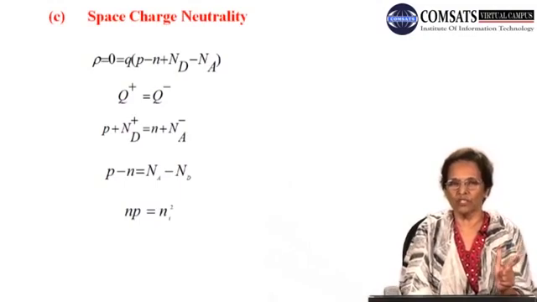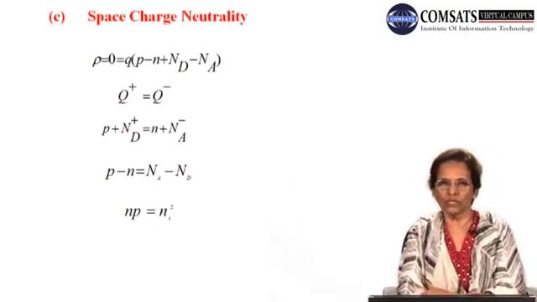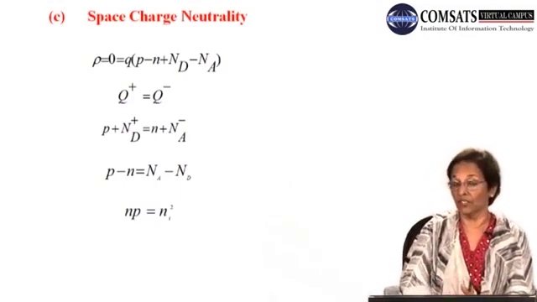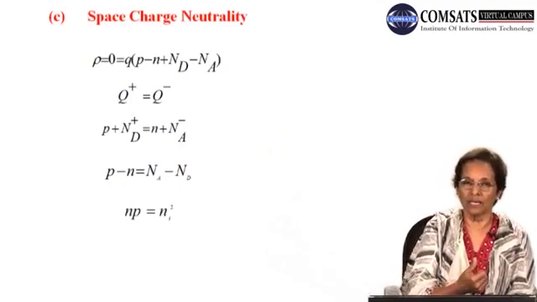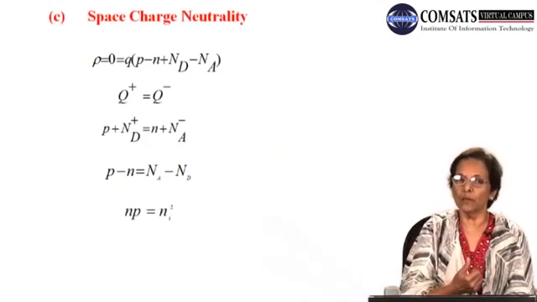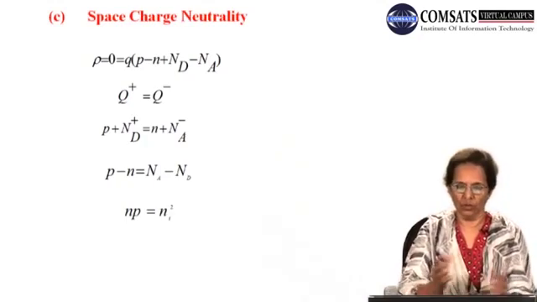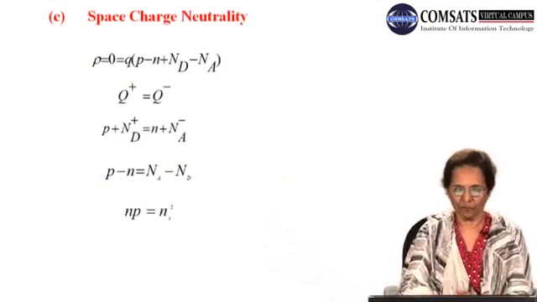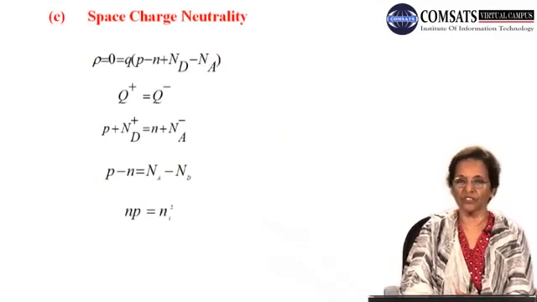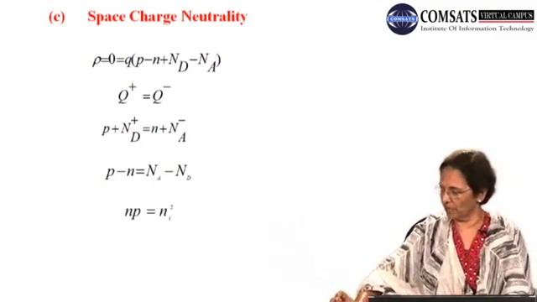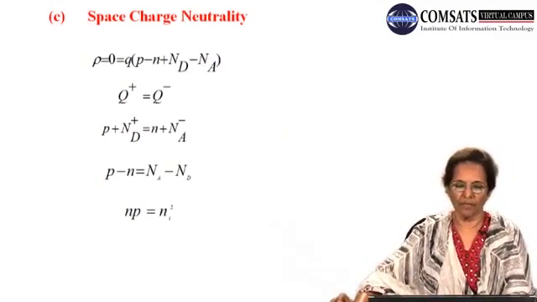The total positive charge must be equal to the total negative charge. The negative charge is contributed by mobile electrons and by immobile negatively charged acceptor ions. So the net result is that n dot p is equal to ni square, the law of mass action, is applicable.